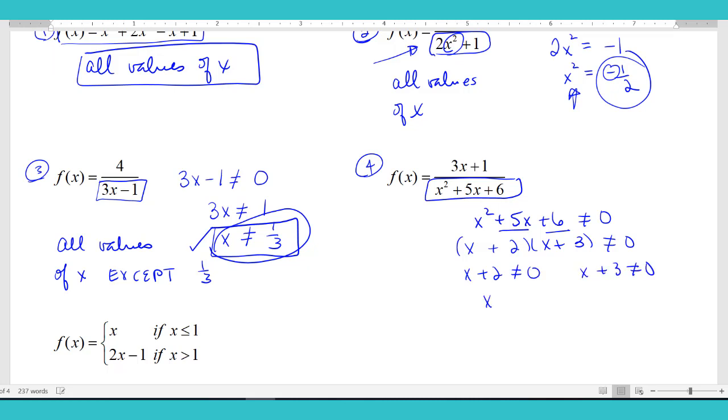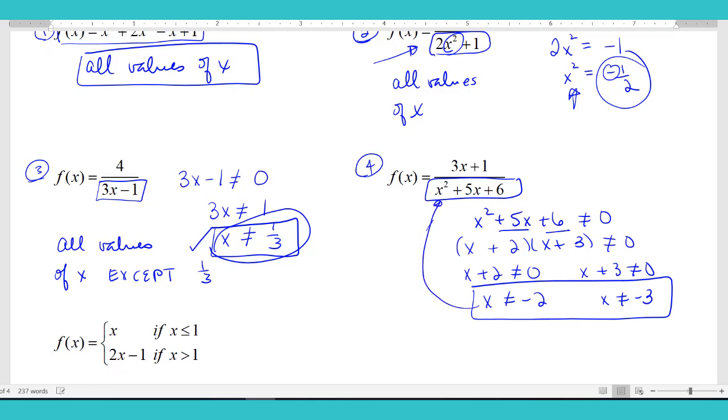And I get -2 and -3. So this function is continuous at all values except that x cannot equal -2 or -3, because if I put those values in for x, that would be me dividing by 0, and that is a definite no-no.